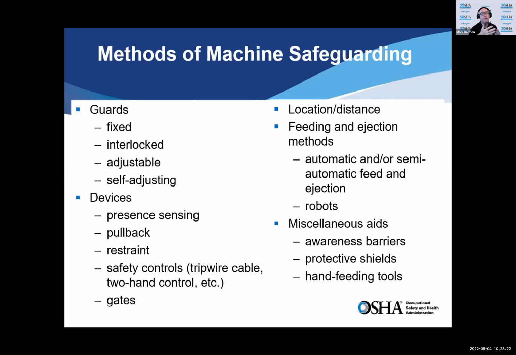You're trying to protect the worker. Maybe the part is hot, if you're forming a metal part that has been heated for heat treatment reasons. You don't want to touch it, so you use a pair of long handle pliers. These are all considered methods of safeguarding.